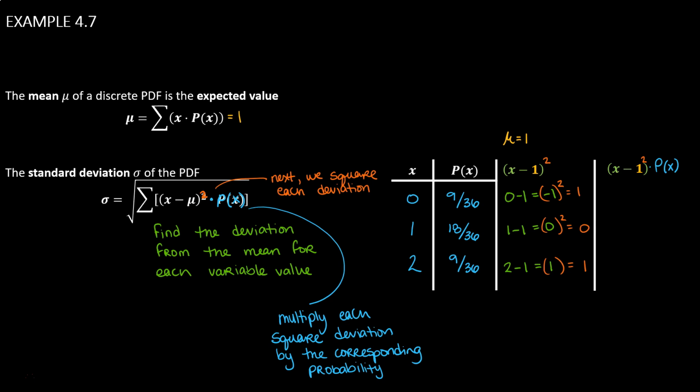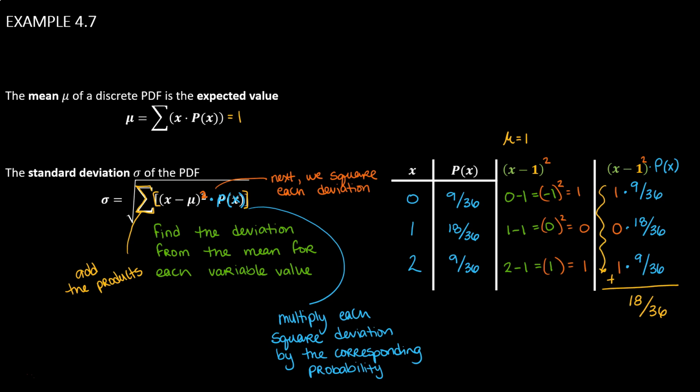So for x equals 0, we're multiplying 9 out of 36 times 1. For x equals 1, we're multiplying 18 out of 36 times 0. And for x equals 2, we're multiplying 9 out of 36 times 1. These products need to be added together before we can square root them to find our standard deviation.